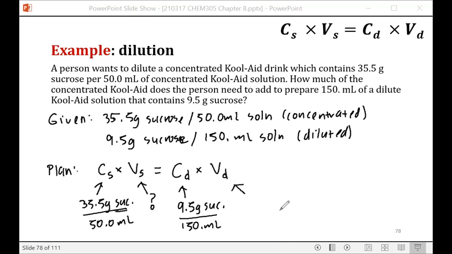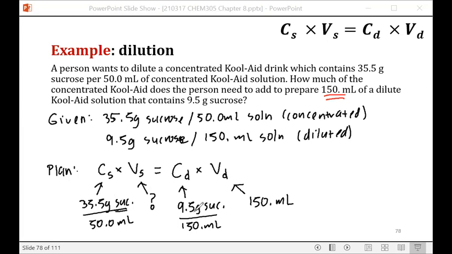The volume of our dilute solution is that we're trying to make 150 milliliters total. 150 is part of the concentration factor. We want there to be 9.5 grams of sugar, sucrose for every 150 milliliters of solution, which means we're making 150 milliliters total. That's what we want our final cup size to be.